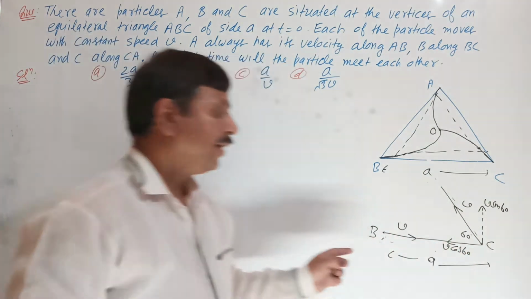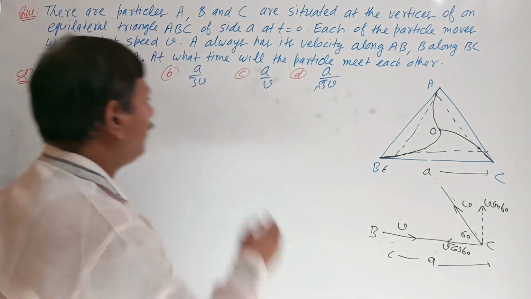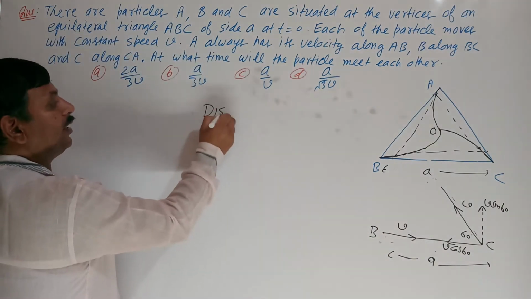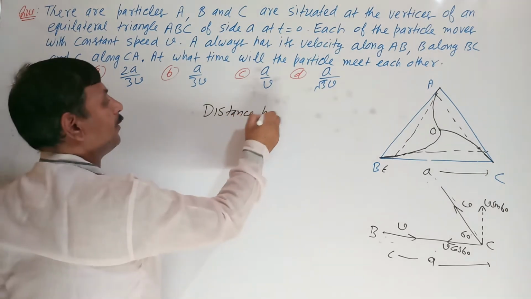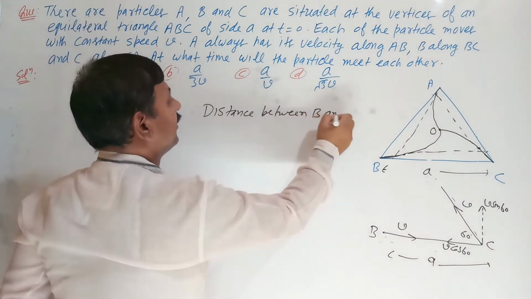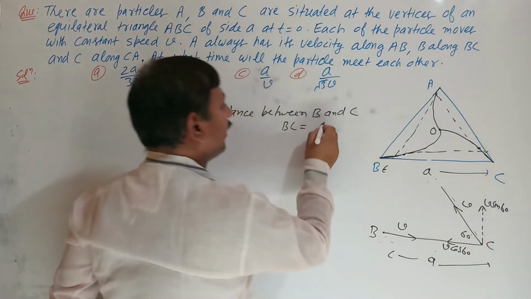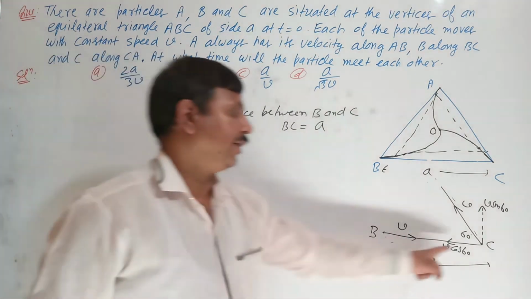So we'll use the relative approach. The distance between B and C, that is BC, is how much? a. And what will be the relative velocity?